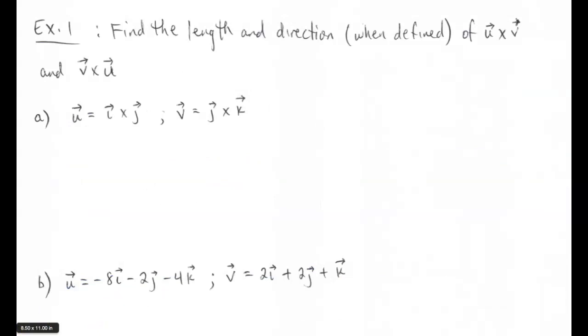So for our first example, we want to find the length and direction of the pseudovector u cross v and pseudovector v cross u. Now, if we're given that our vector u is the vector that's perpendicular to the unit vectors i and j, if you remember, we made this little chart earlier to guide us, and I'll recreate it here.